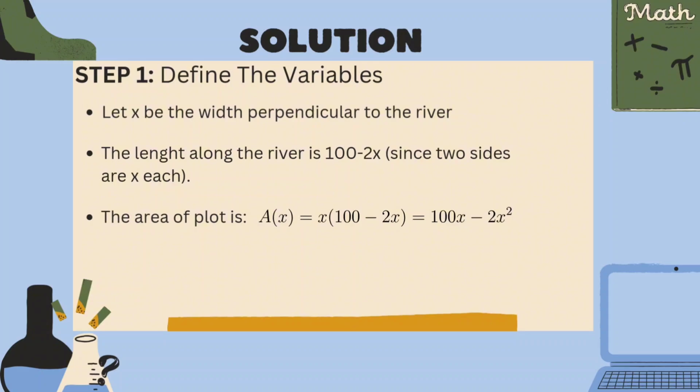On this slide, let x be the width perpendicular to the river. The length along the river is 100 minus 2x, since two sides are x each. So the area of the plot is A(x) equals x(100 minus 2x), equals 100x minus 2x squared.